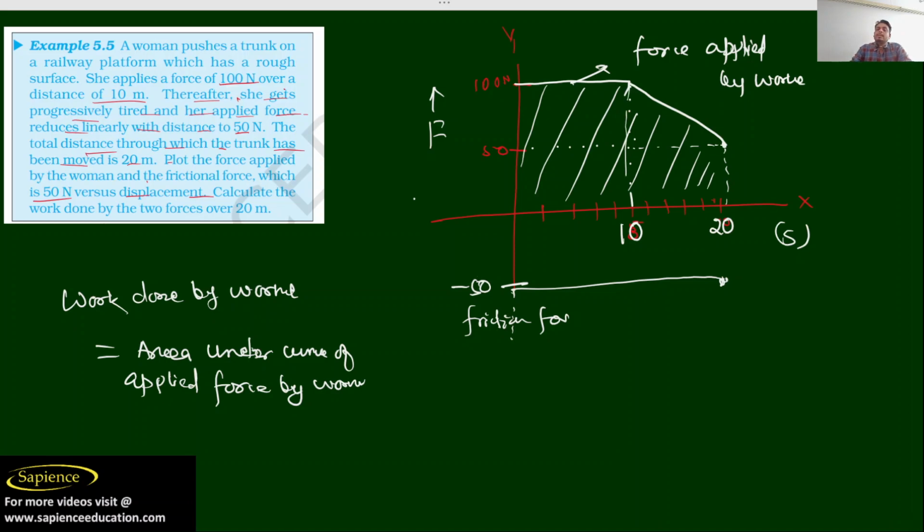Can we tell here there is a rectangle and there is a triangle, a trapezium. So the work done by the woman will be equal to the area of the rectangle.